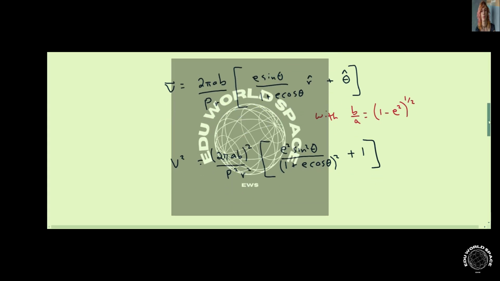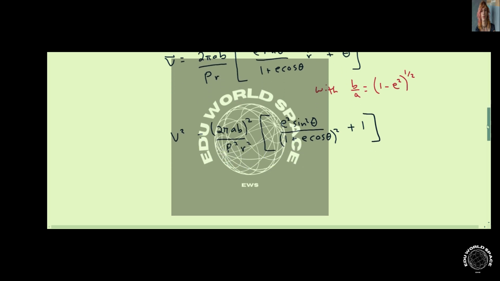Okay, so the real problem is the stuff in the parentheses, and we're going to play around with that a little bit. We're going to take a little magnifying glass to the parentheses, and we're going to find a common denominator and see if we can simplify it. So we have e squared sine squared of theta plus the binomial. And then we have found a common denominator.